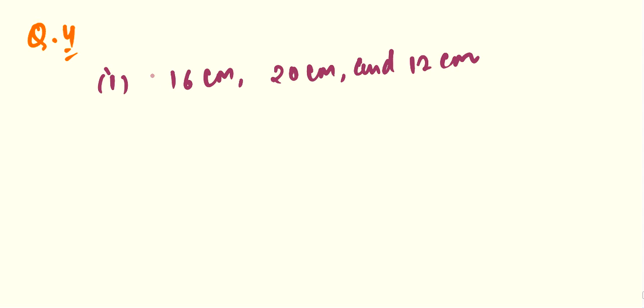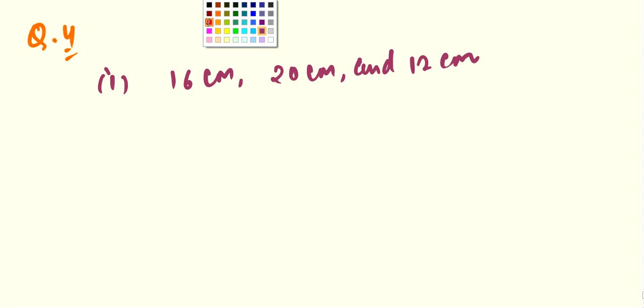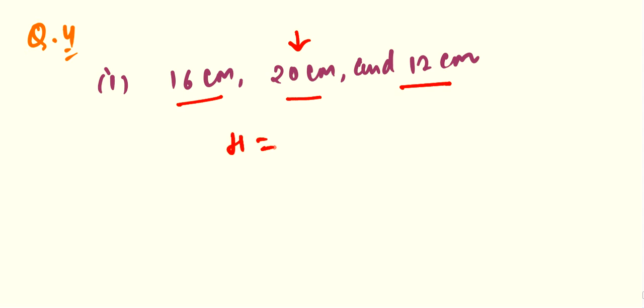Now sides only we are having here, and the largest side you have to take as hypotenuse. So in these three sides, 16, 20 and 12, the bigger one is 20, so hypotenuse will be 20 centimeter.